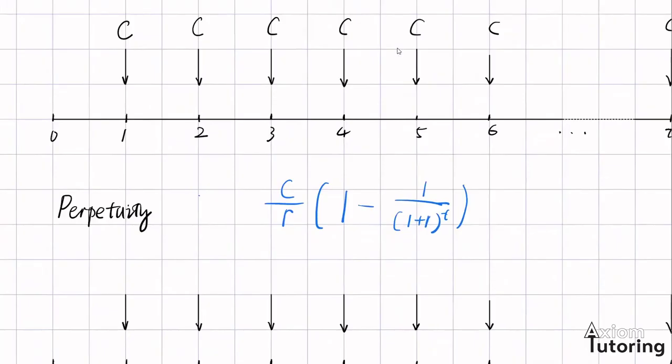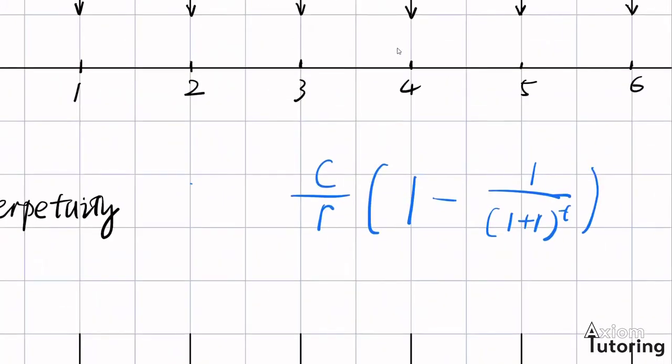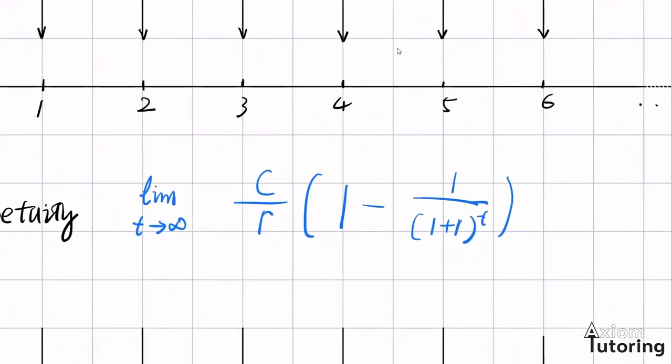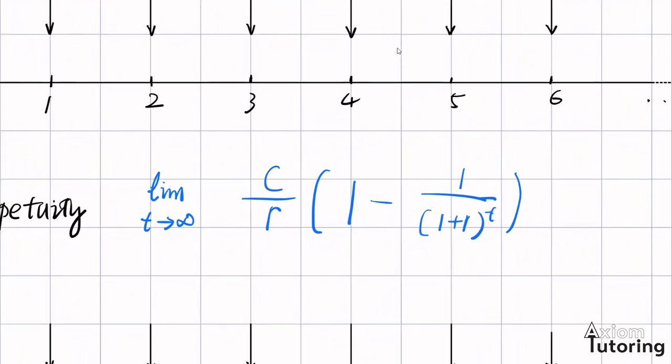So we only need to change a little bit by taking the limit of this value as t approaches positive infinity. It should be very straightforward, because as the exponential number is infinitely large, then the denominator is also infinitely large, and 1 over that would be close to 0. So this bit you can ignore.